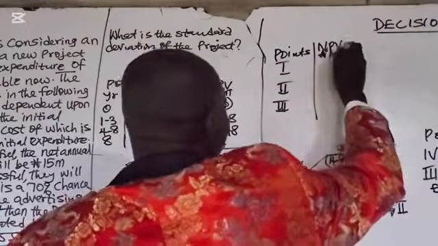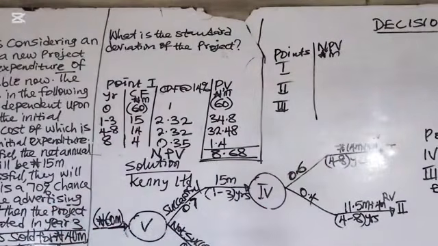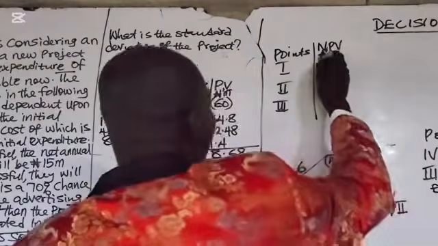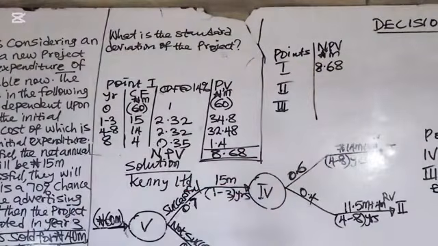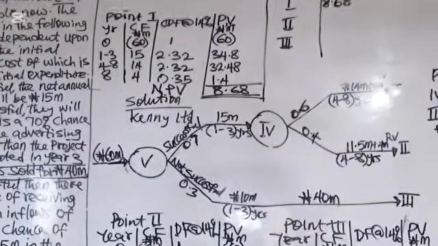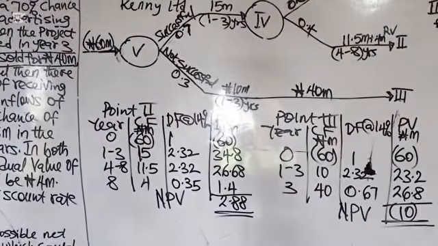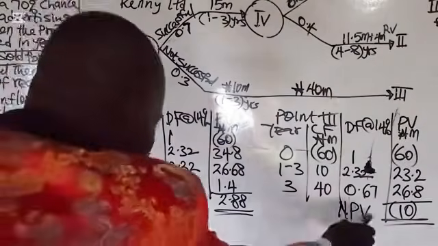NPV is in million. So at point 1, our NPV is 8.68. At point 2, our calculated NPV is 2.88, and we have minus 10 at point 3.